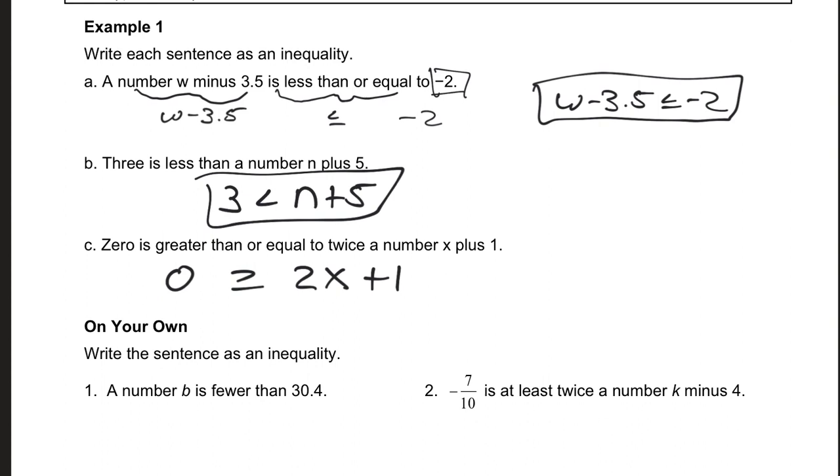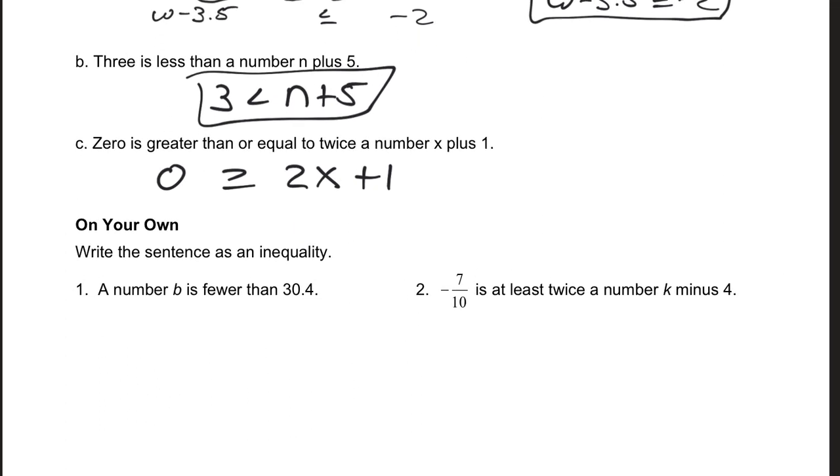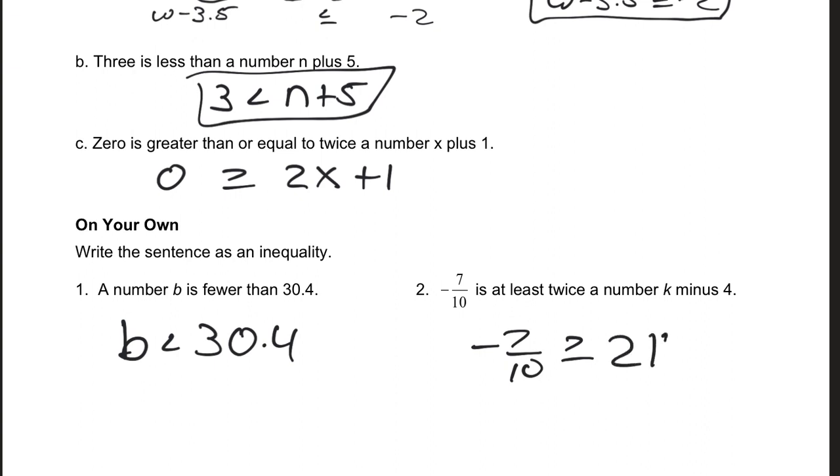All right, so go ahead and pause the video when I say, and you can try on your own. Number 1 and 2. 3, 2, 1, go. Welcome back. For number 1, you should have b less than symbol 30.4. And number 2, you should have negative 7/10, greater than or equal to symbol, then 2k minus 4.